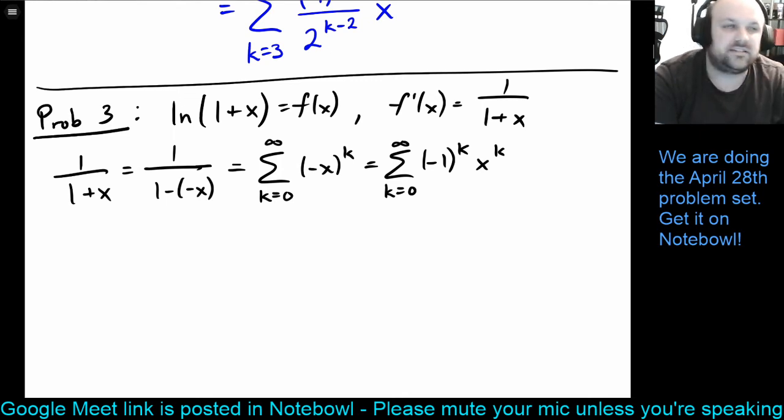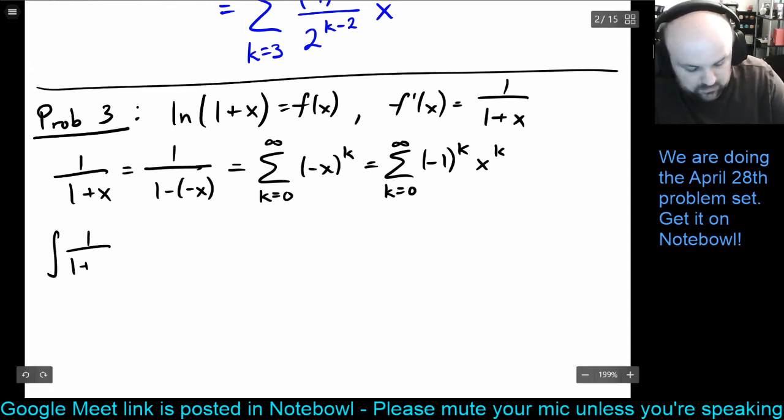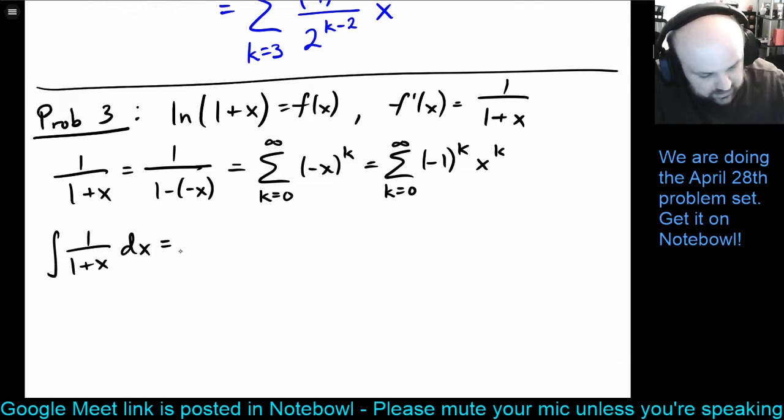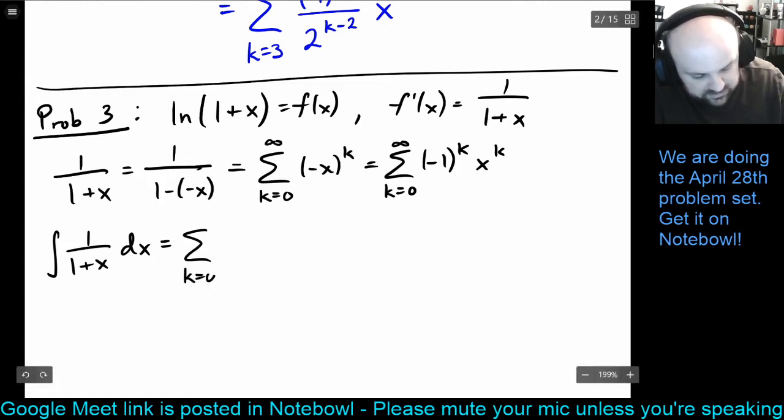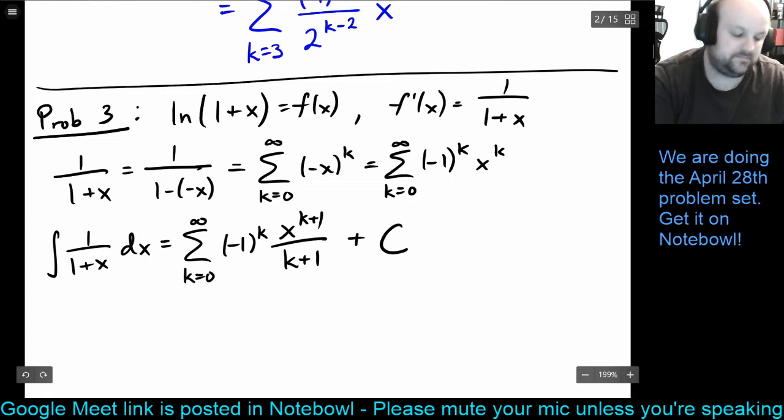And now we're going to integrate this. If we take the antiderivative here, we'll get this plus some arbitrary constant, right? So let's integrate this 1 over 1 plus x dx. This will be the sum from k equals 0 to infinity, negative 1 to the k, x to the k plus 1 over k plus 1, plus c.